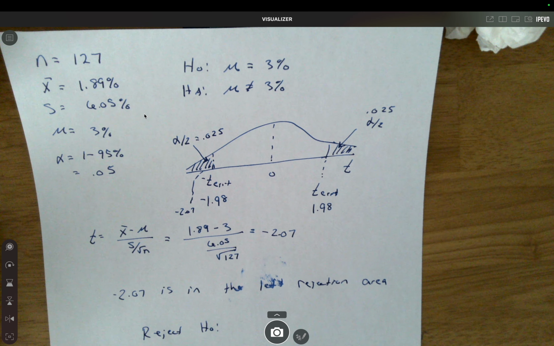We're looking for evidence that it's not equal to 3%. The test statistic that we computed says we have enough evidence to say that they are wrong. With 95% confidence, we can reject the null hypothesis that the true mean is equal to 3%. So we reject the null hypothesis.